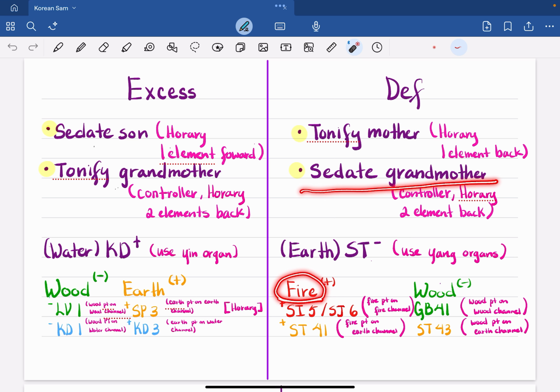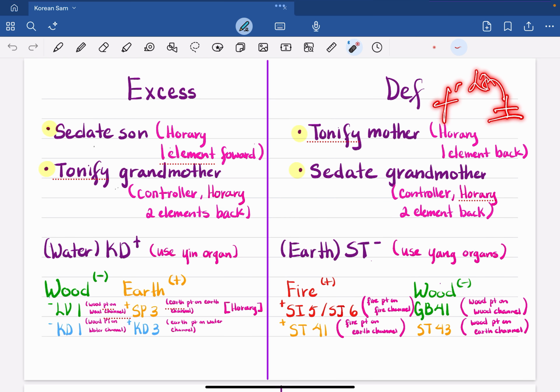You sedate the grandmother, or in other words, the controller, or 2 elements back. So you have 2, right? 2 elements back. That's huo, and then that's mu. So that's wood. And that's how you know. So you have 3 players of elements: earth, fire, and wood. Now what do you do?